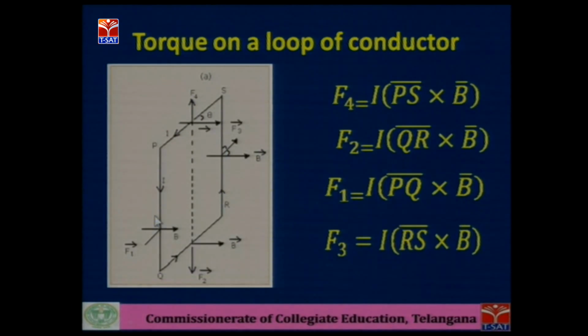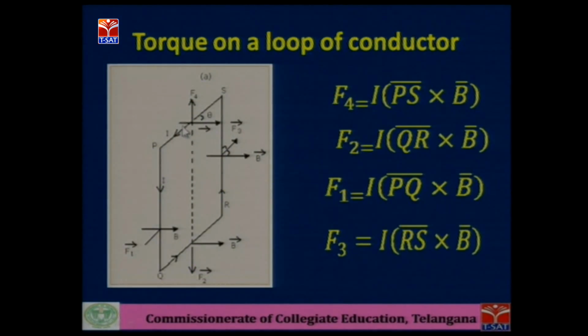According to the previous Fleming's left hand rule, it will experience some force. The force F1 will be in this direction, F2 in this direction, F3 in this direction, and F4 in this direction.